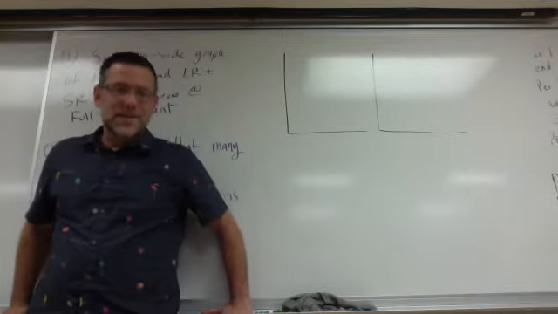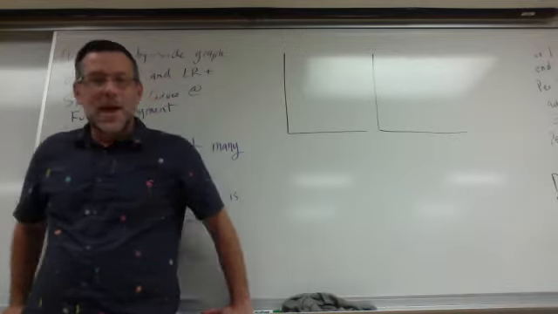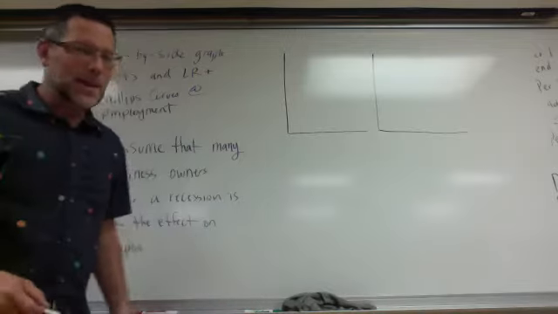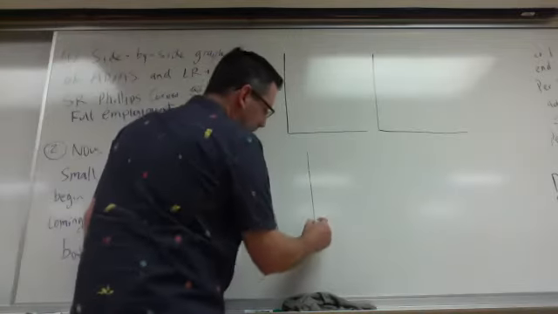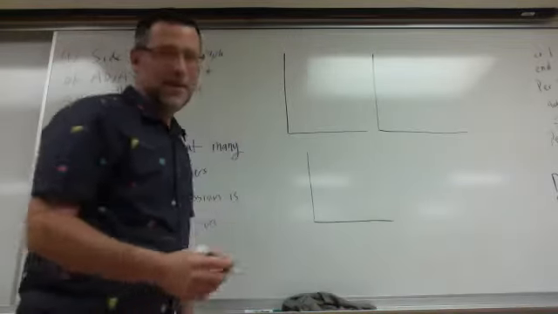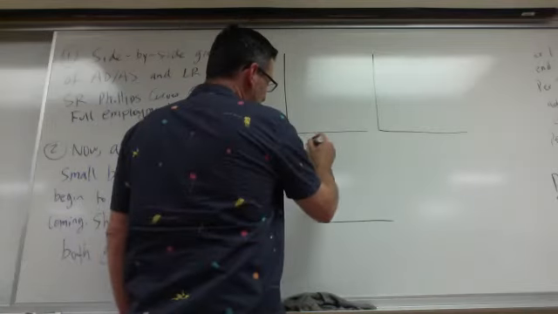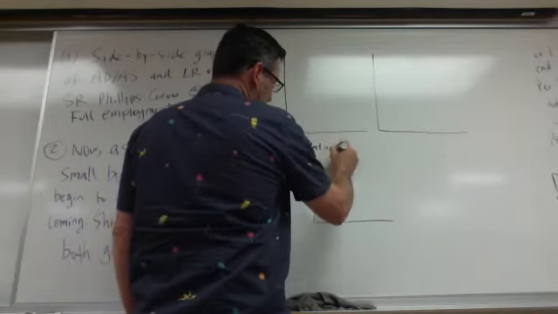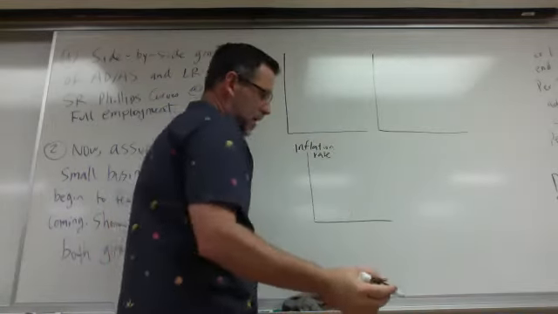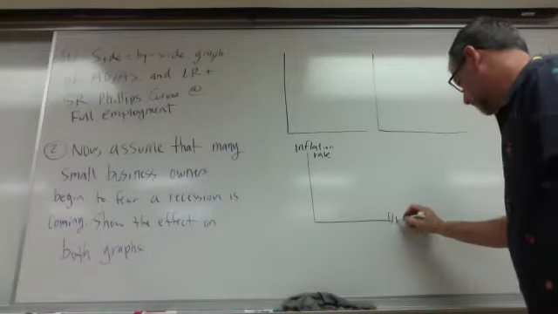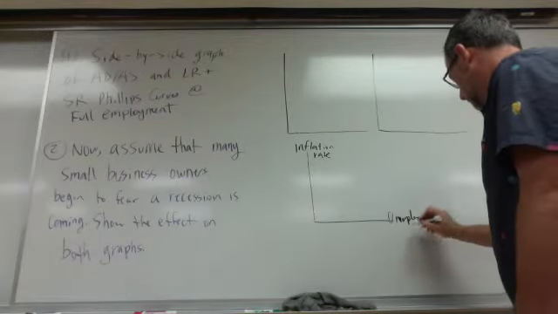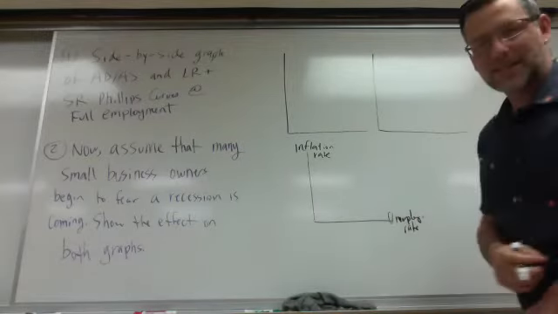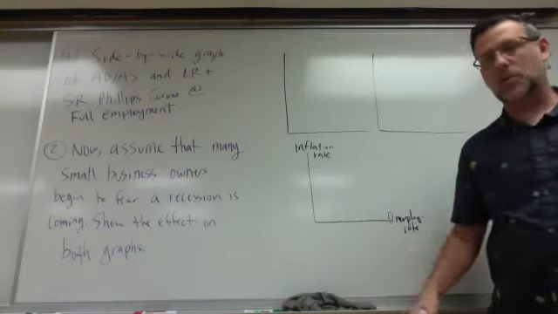Probably the 1950s, 1960s, you get this economist and he decides that he's going to make a graph. Just a real simple graph looking at inflation rate and unemployment rate. He decides that he's going to start graphing some historical data in here.